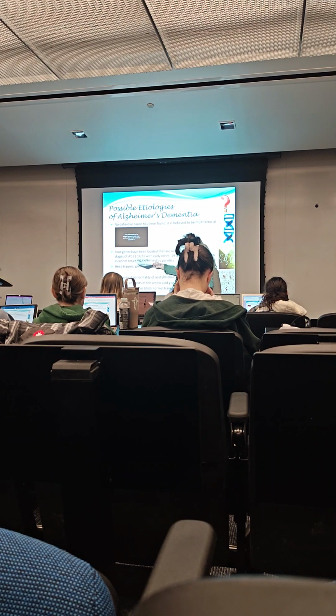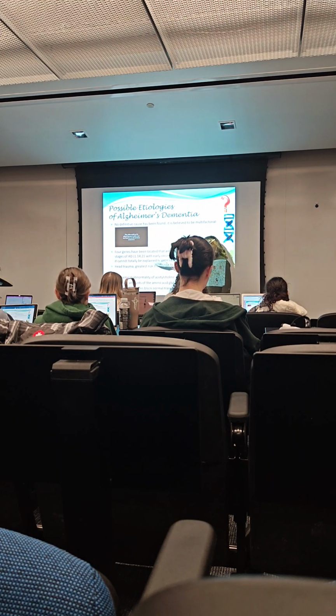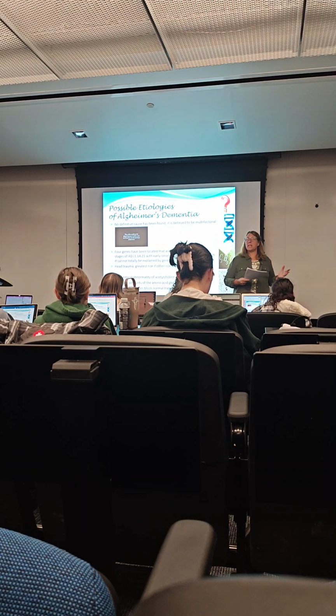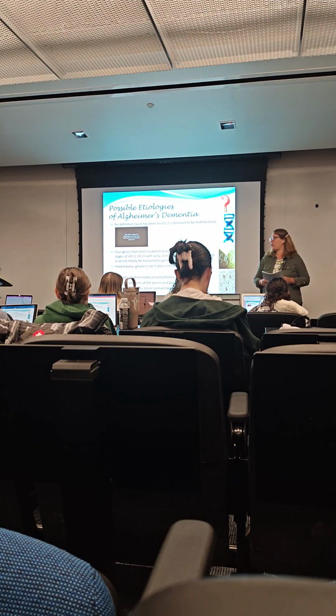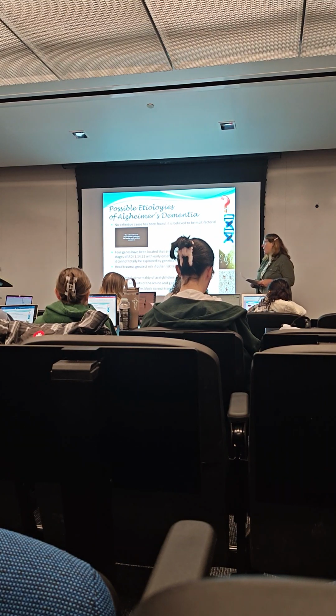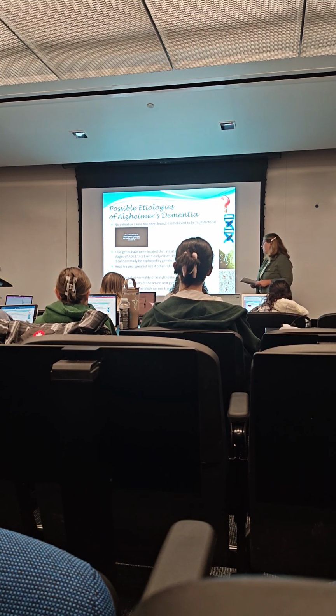Chromosomes 1, 14, and 21, as in our trisomy 21 and Down syndrome patients, are linked with early onset. And then there are 19 genes for late onset. There's a disclaimer, it cannot totally be explained by genetics, so it's multifactorial. Head trauma is the greatest risk if other risk factors are present.